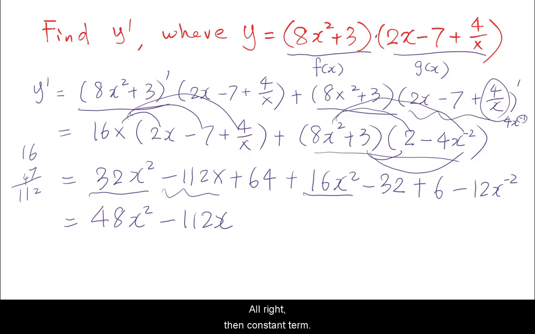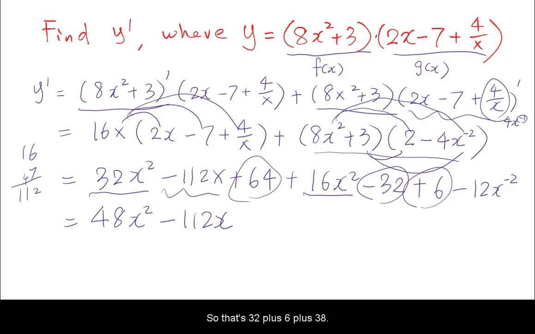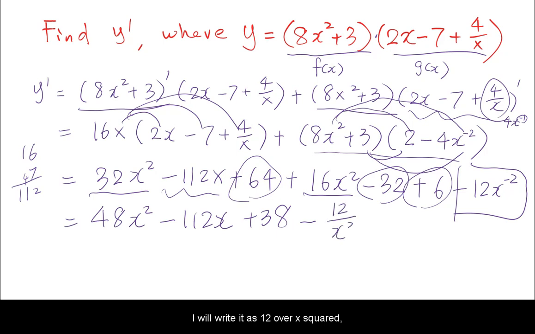Then the constant terms: 64, negative 32, plus 6. So that's 32 plus 6, which is 38. There's only one term left, which is minus 12x to the negative 2. I will write it as 12 over x squared. And that will be the answer.